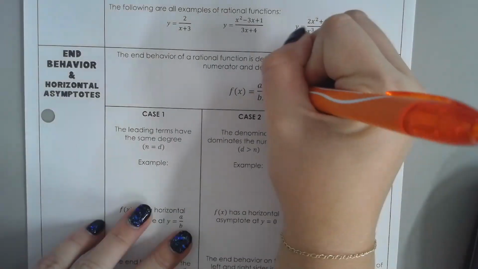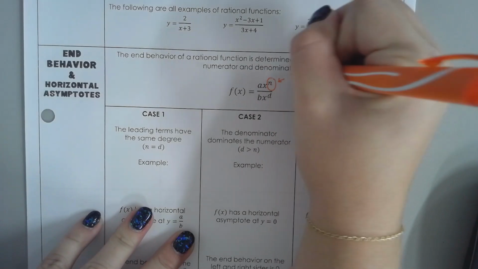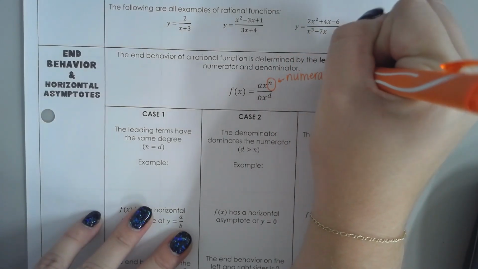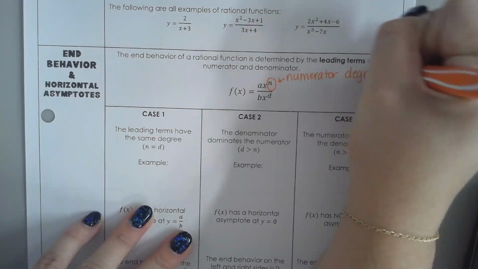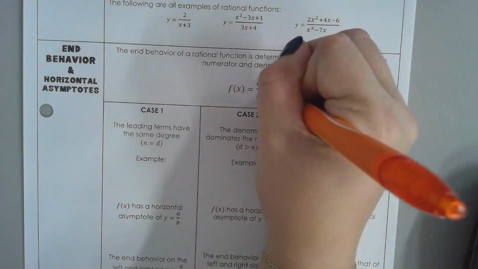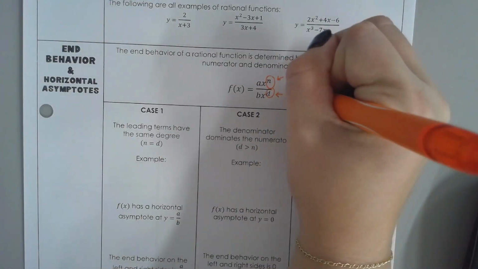This n, this is the numerator degree. So the degree of the numerator, I'm going to call that n. D is the denominator degree.